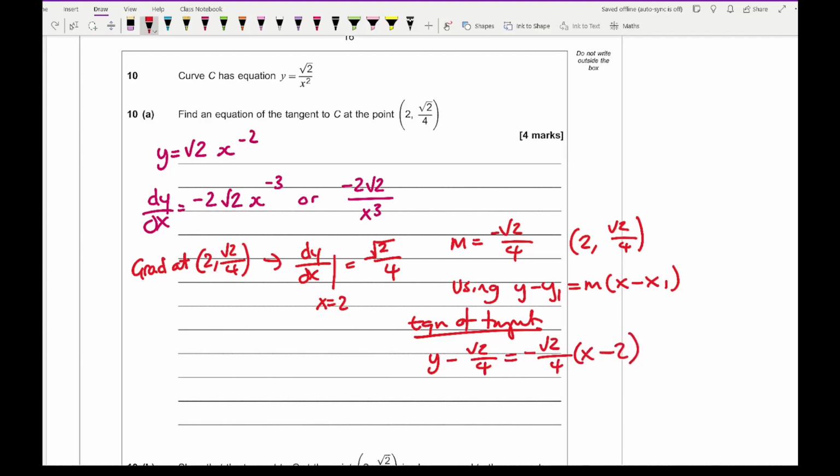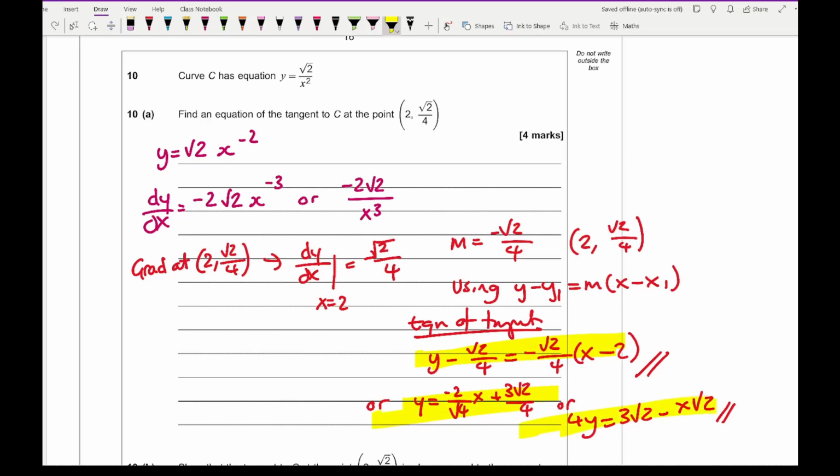Now you could leave your answer like that, or you could write it in the form y equals mx plus c, in which it would be y equals minus root 2 over 4 x plus 3 root 2 over 4. Or you could write your answer as 4y equals 3 root 2 minus x root 2. So any of those answers would be absolutely fine for the equation of the tangent.